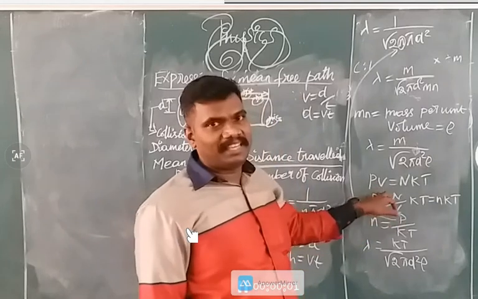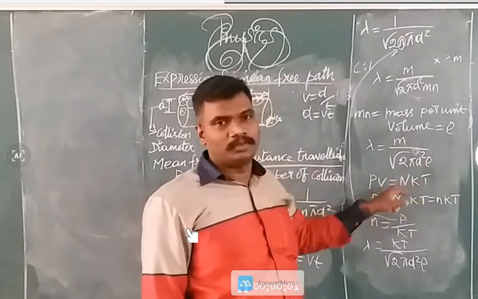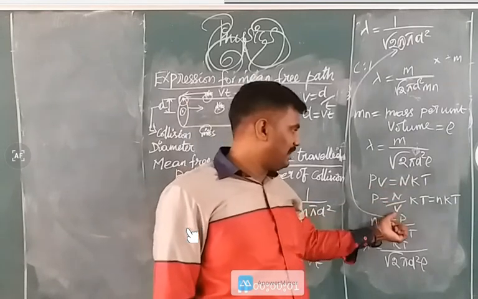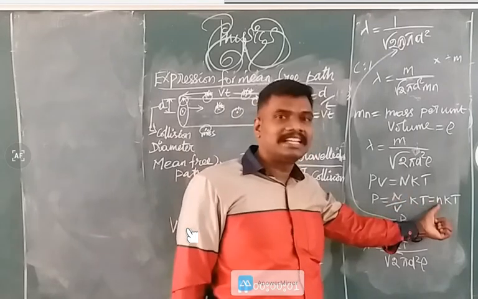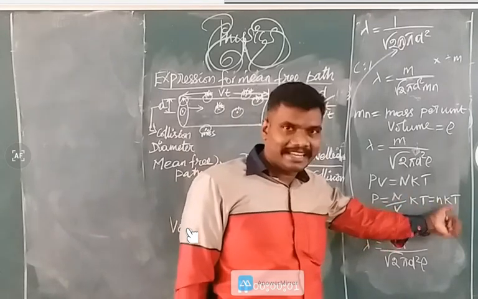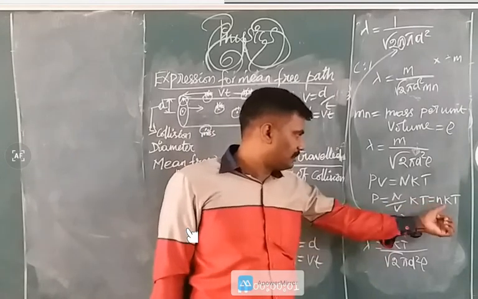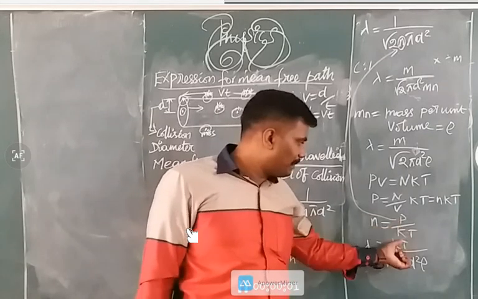PV is equal to nkT, already we know this formula. Rearranging, P is equal to n by V into kT. Here n by V represents small n, so P is equal to nkT.